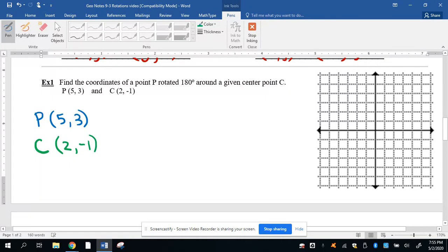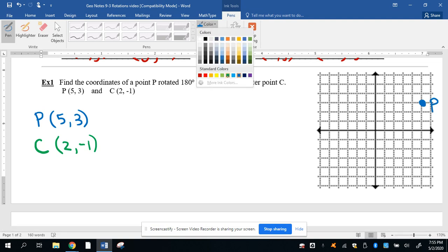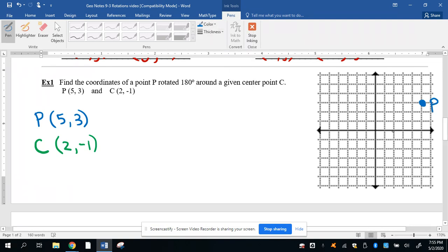If you've never seen a problem like this before, let's draw a picture. Let's figure this out. Over 1, 2, 3, 4, 5, up 1, 2, 3. Now that's P, and that is going to be rotated about this point 2, -1, just this random point. So what does that mean?